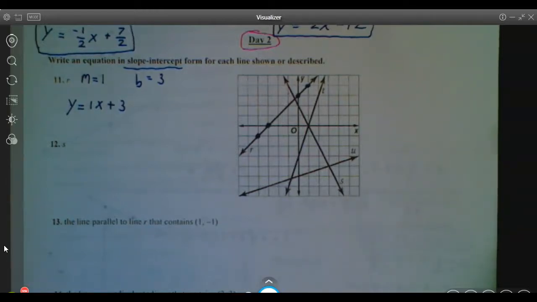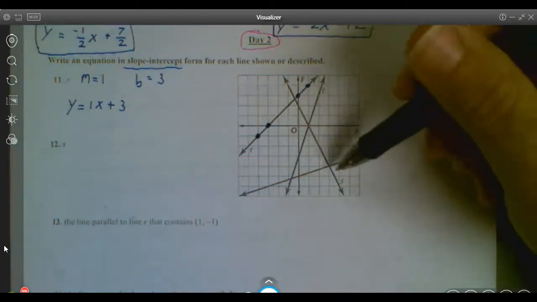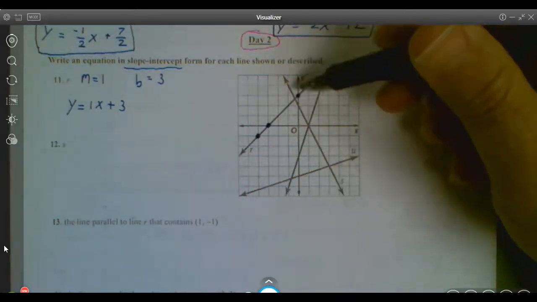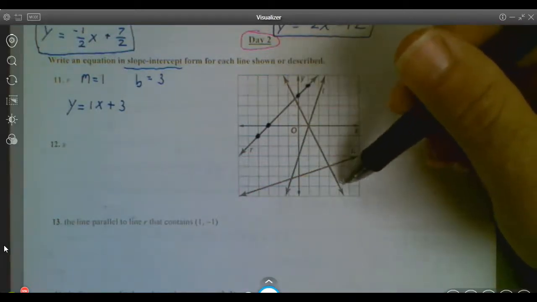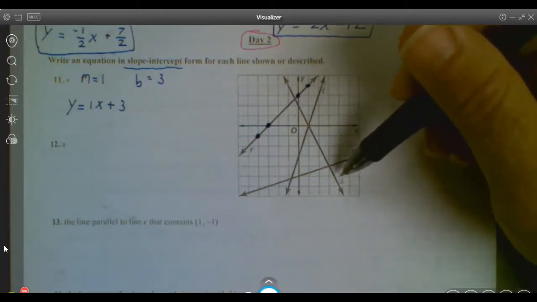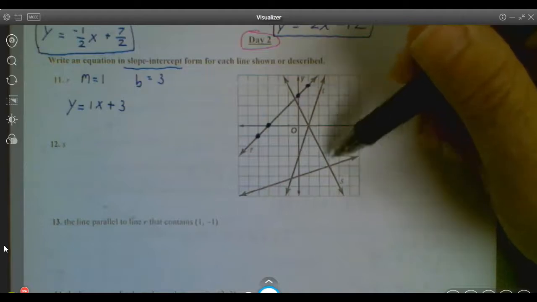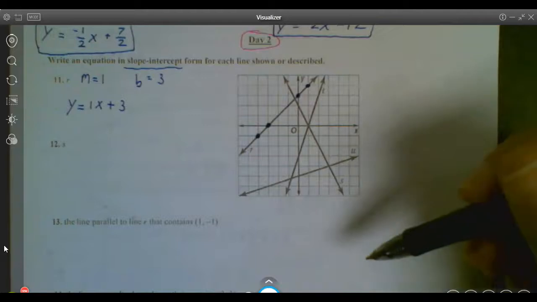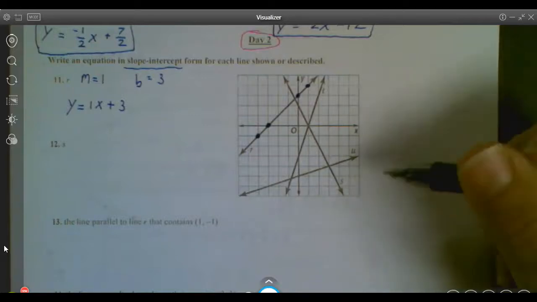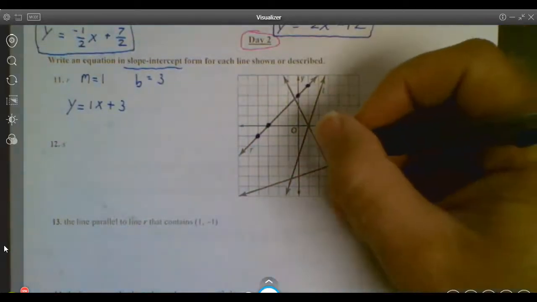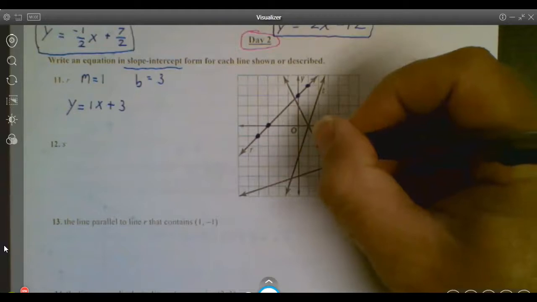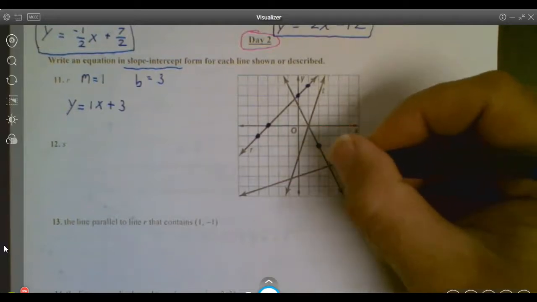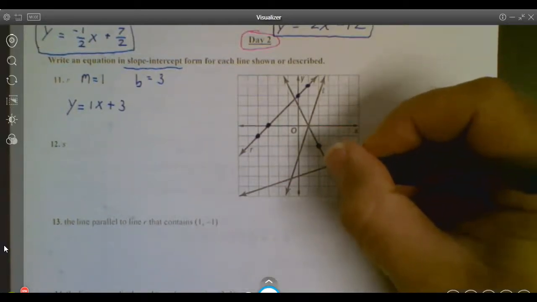Let's take a look at line S. As I look at line S, looks like we should be able to figure this one out. Pretty simple as well. I'm going to show you something on line S for a situation that you might run into, but let's just start with the slope. Typically, in a line, you should always be able to count the slope. You shouldn't have to use the formula when you're looking at a graph. So I'm just going to pick two nice clear points to work with. I'm going to go with him, and he seems to be my next obvious point.